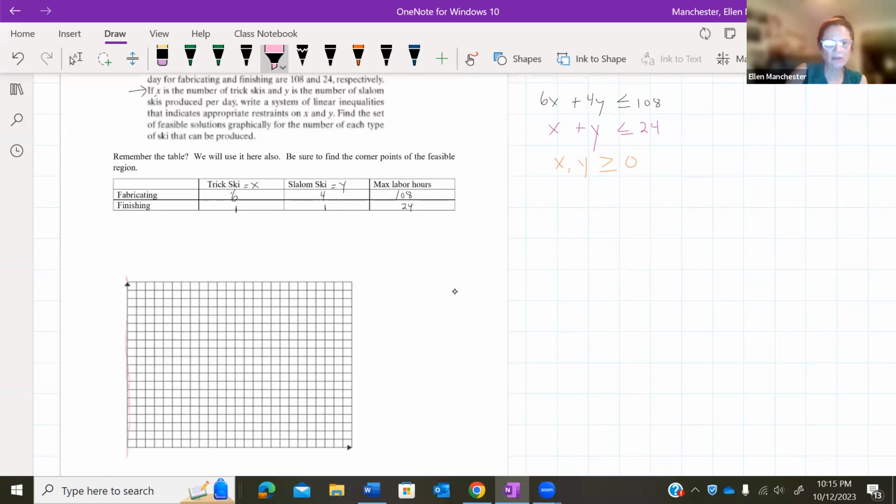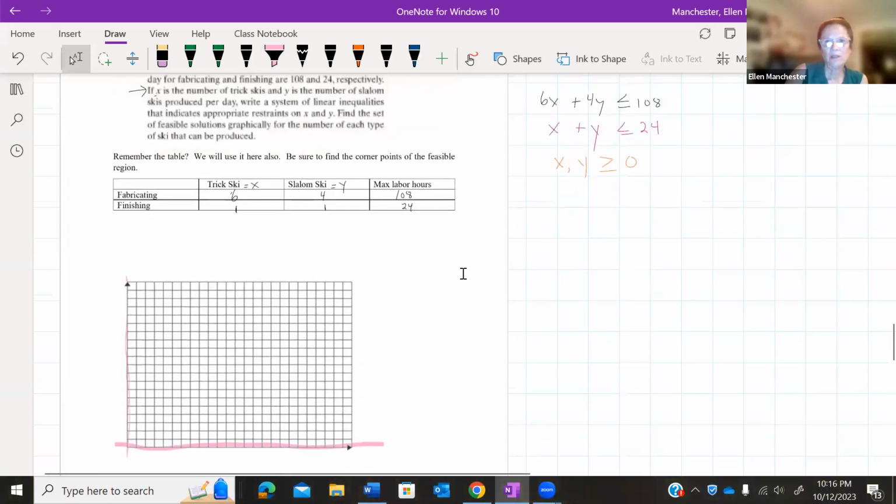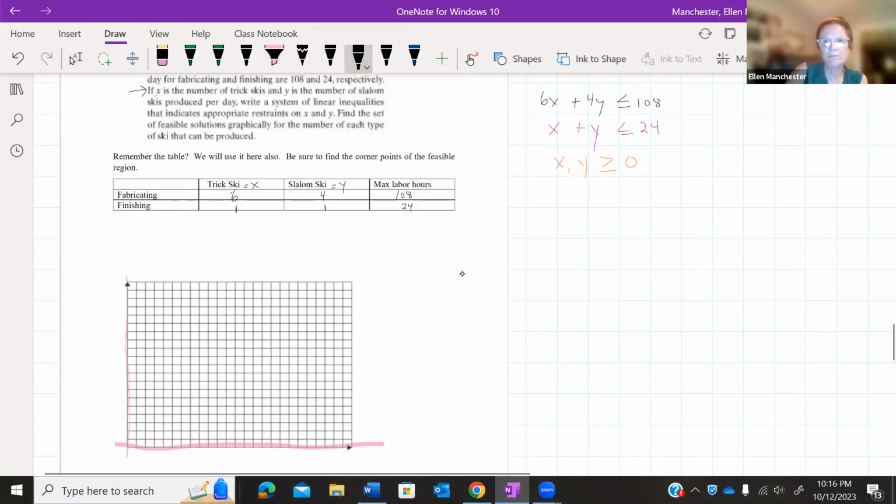Okay, there's our x is greater than 0. Here is our y is greater than 0. Okay, we're going to set up our 2 equations. So I have 6x plus 4y less than or equal to 108. This is going to be a solid line. I'm going to find my intercepts.